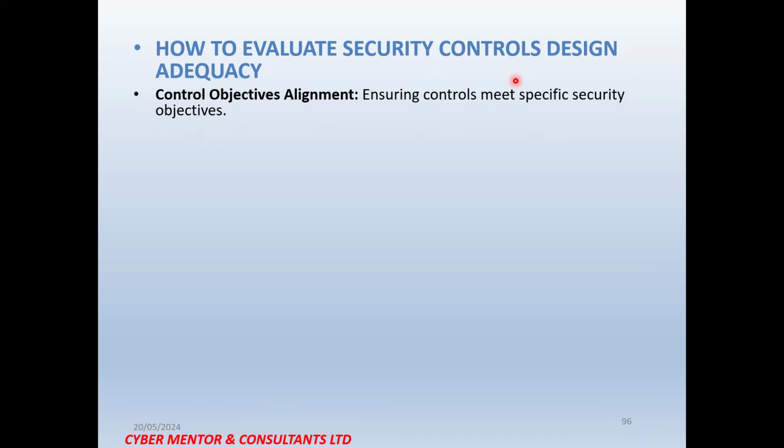Before you choose a control, you need to define a control objective. For example, the objective is data confidentiality, because data confidentiality is very critical to your operation. You want this control to meet data confidentiality criteria to ensure that no unauthorized person can access your system. As a result of that, you chose to implement good password security and access control, multi-factor authentication and all that.